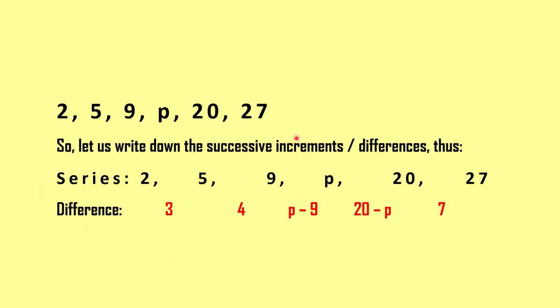So let us write down the successive increment or difference as follows. The series is 2, 5, 9. Now we are writing the difference. 2 and 5, difference 3. 5 and 9, difference 4. 9 and P, difference will be P minus 9. P and 20, the difference will be 20 minus P. And 20 and 27, the difference is 7.